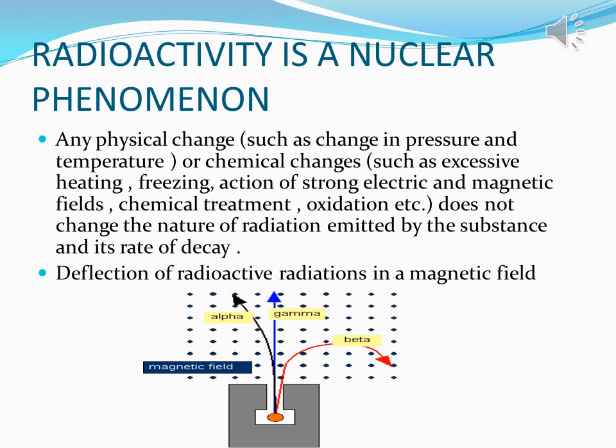The positively charged alpha particles deflect towards a negative plate, the negatively charged beta particles deflect towards a positive plate, and gamma radiations pass without deviation, that is, they are neutral in nature. Gamma radiations are electromagnetic waves similar to light waves and are therefore not affected by electric or magnetic field. The beta particles are deviated more than the alpha particles.